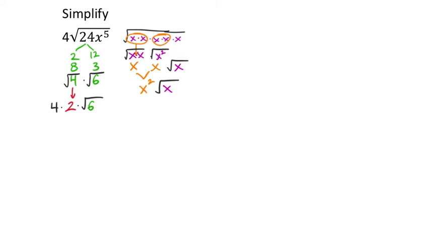So anything on the outside of the square root needs to stay on the outside. And right here, we'll do 4 times 2, which is 8. Okay, now I'm going to take this x squared and then multiply it by the 8 there. And then the square root, we have the square root of 6 and the square root of x, which I'm going to combine into one square root. And that's it.